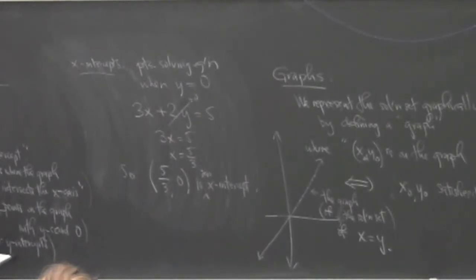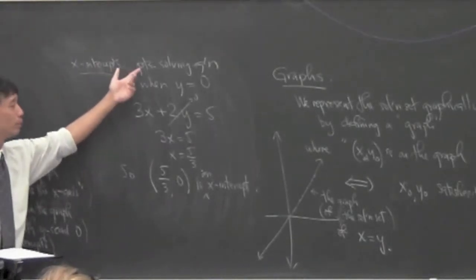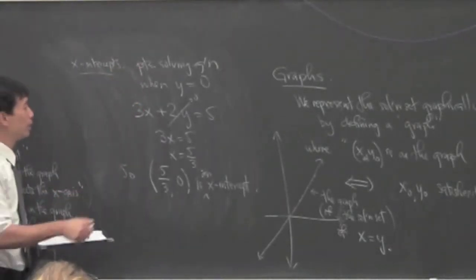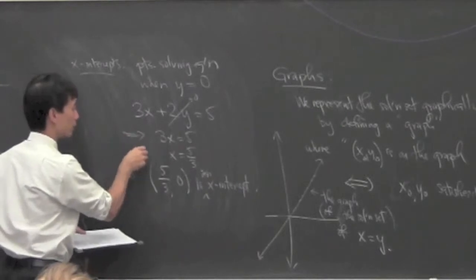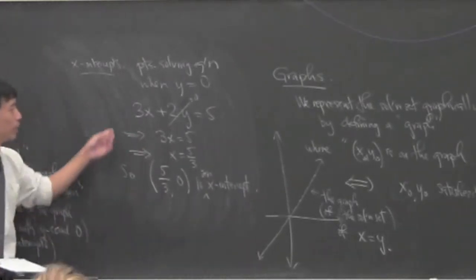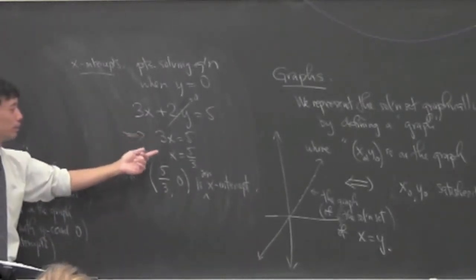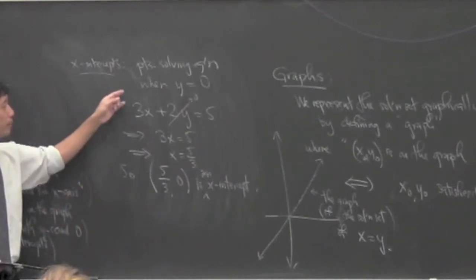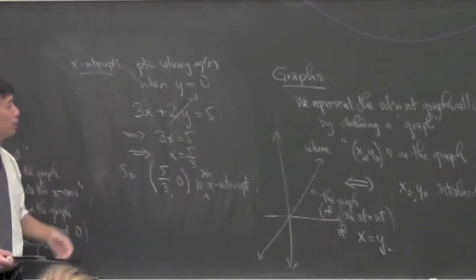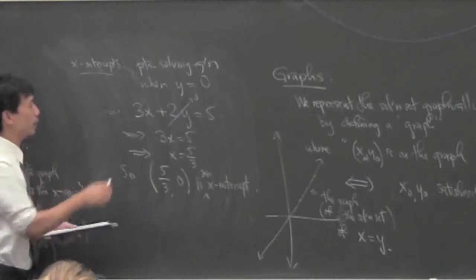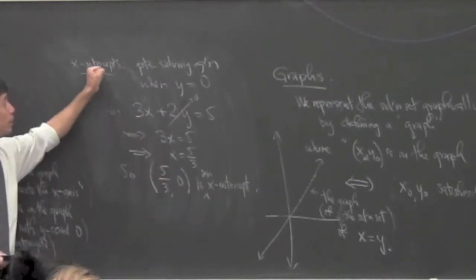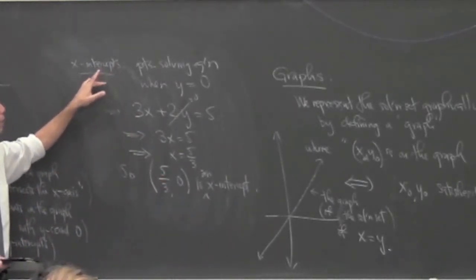And then similarly for y-intercepts, I say those are the points that solve the equation, and I should give the implication here, if y equals 0, then this implies this.